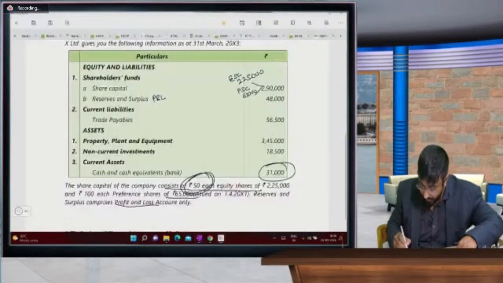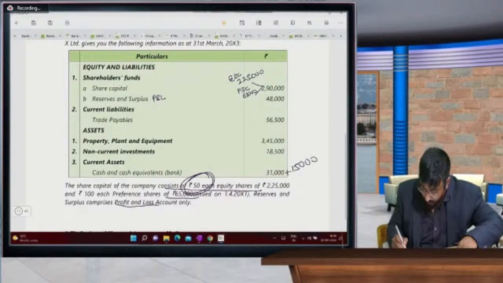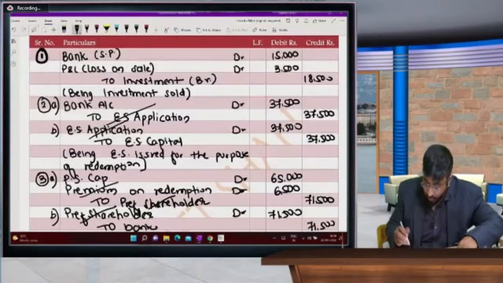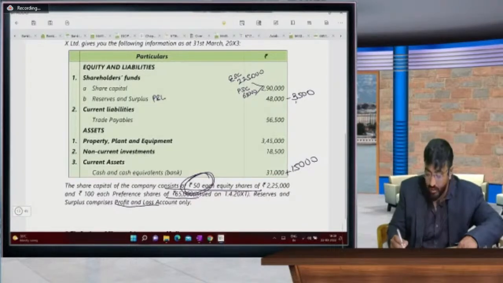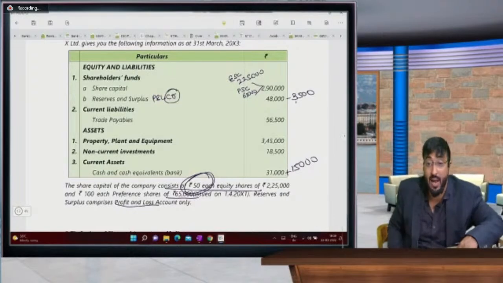So I will write in front of bank account plus 15,000. Then you have, so yes, this is over. P&L debit balance. P&L debit means I will cancel it 3,500 because reserves has credit balance, but in entry, if it has a debit balance, so I will be updating my balance sheet now by looking into journal entry.